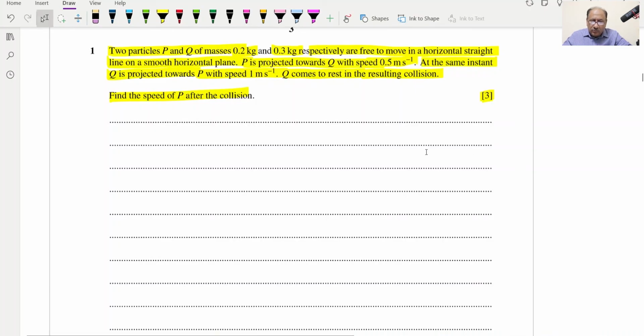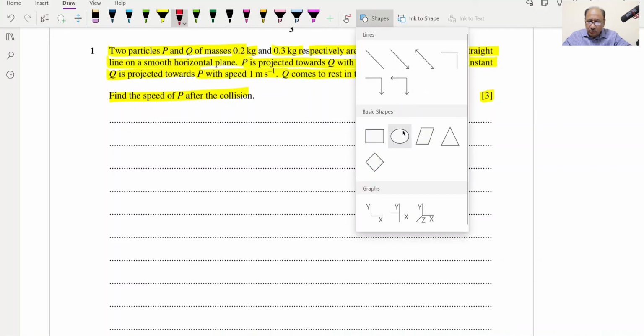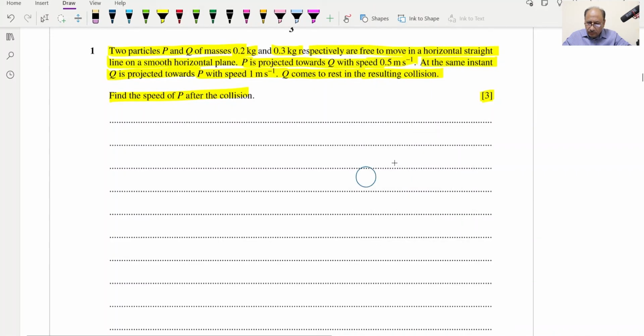Basically, we will try to draw the diagram first to understand better. We can draw P and Q. P is a smaller one, and Q is a little bigger one. We can draw Q like this.